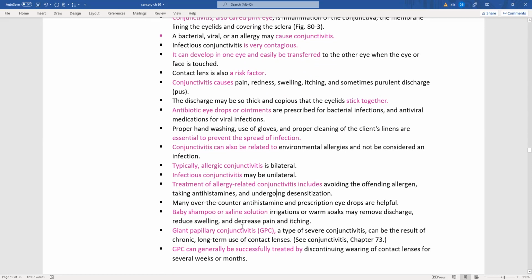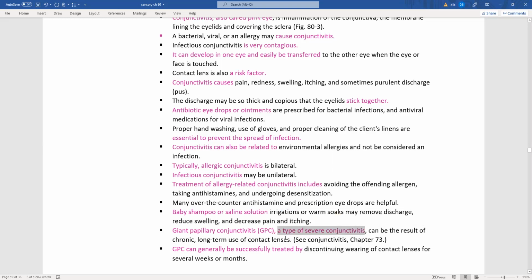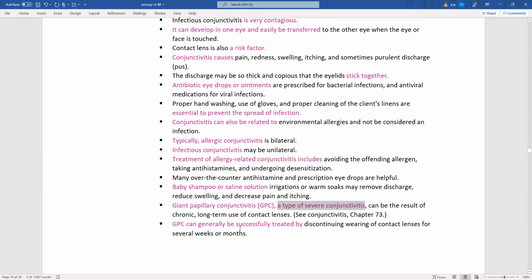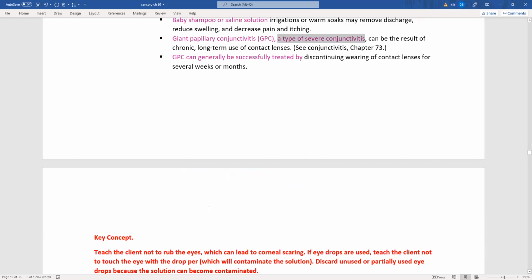Giant papillary conjunctivitis is GPC. It's a type of severe conjunctivitis, and it can be a result of chronic, long-term use of contact lenses. GPC can generally be successfully treated by discontinuing wearing of contact lenses for several weeks or months.